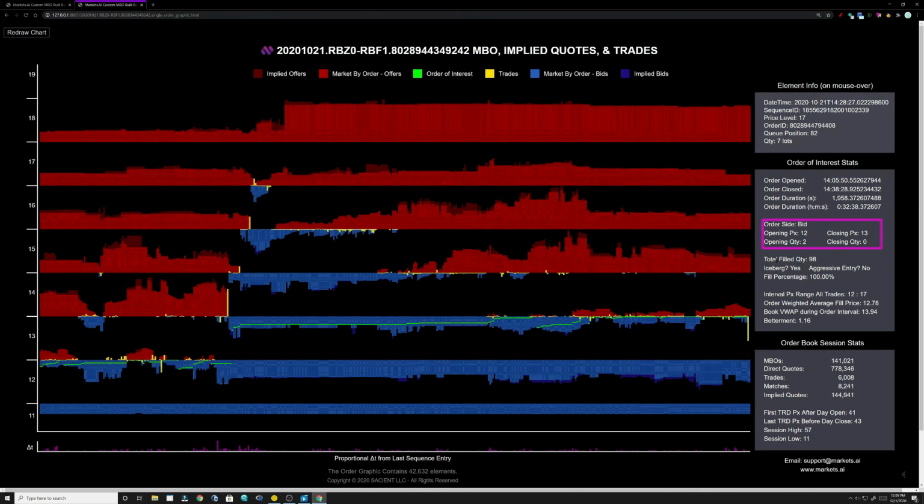It was initially 12 bid for an opening quantity of 2, and it went out at 13 bid. Total quantity filled was 98. You will find that there's a large number of order quantities that are just not 100, just not 50.